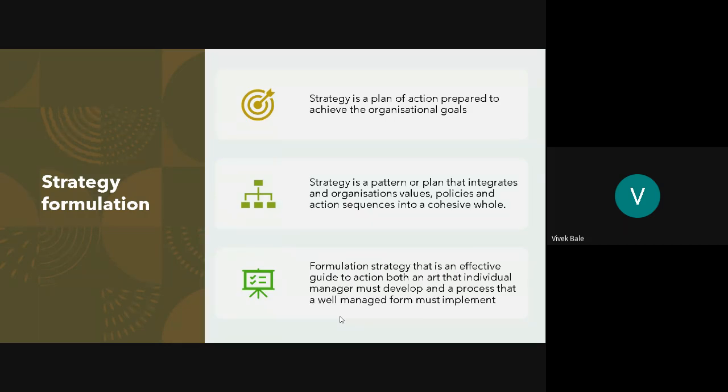Yesterday I spoke about an example of how strategies are formulated by companies. Suppose we take the example of how an employee should be appointed in a company. The plan or strategy is already pre-decided. Many organizations go for police verification. Why?